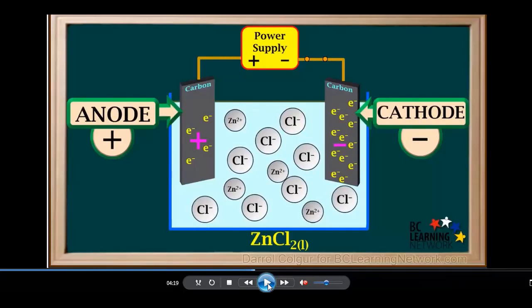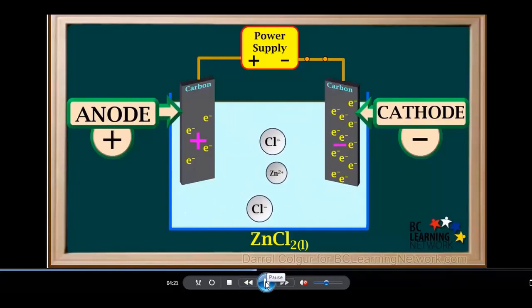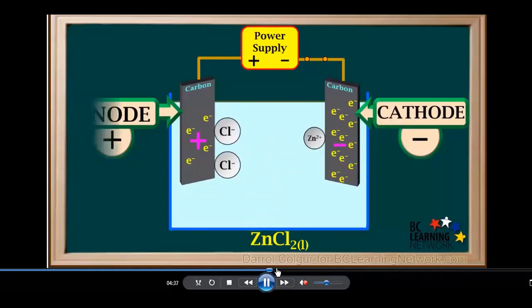So here in the container we don't have any other positively charged cation besides zinc, and we don't have any other negatively charged anions besides chloride. So there is no competition at the two electrodes. We know that opposite charges attract each other, so the zinc, which is positively charged, is directed to the cathode and gains electrons there.